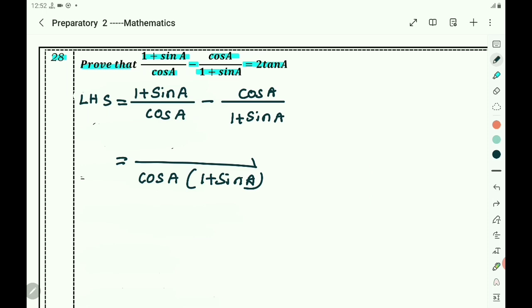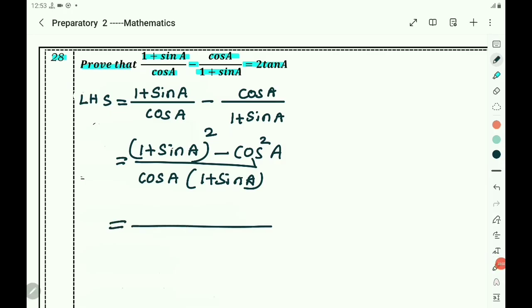Then 1 plus sin A into 1 plus sin A, that is 1 plus sin A whole square, minus cos A into cos A is cos square A, equals. Then write the product of these two as it is, cos A into 1 plus sin A.